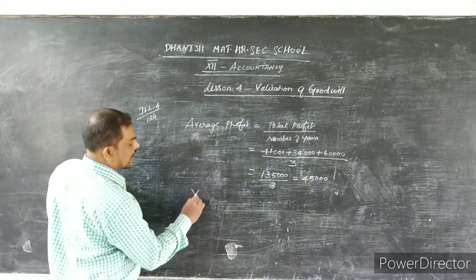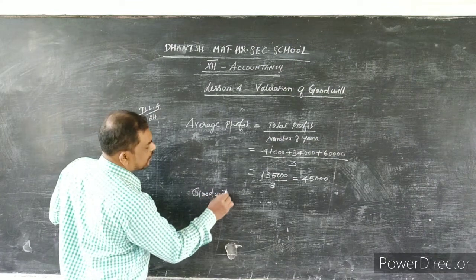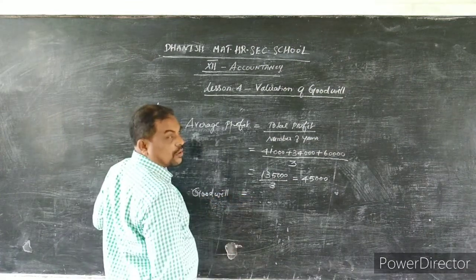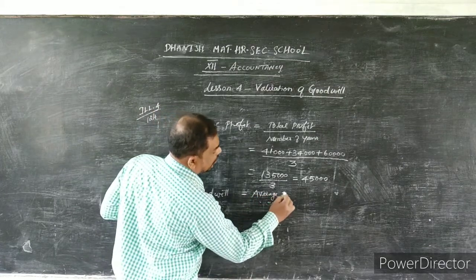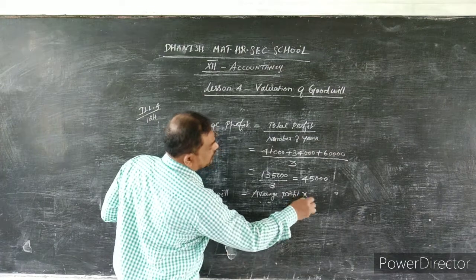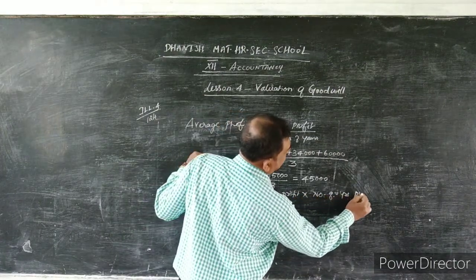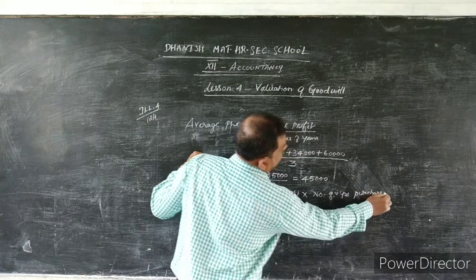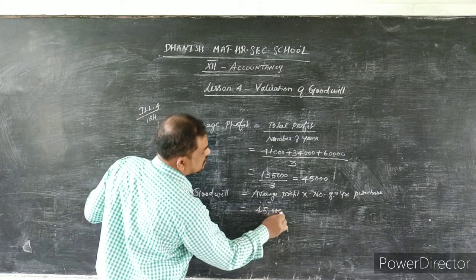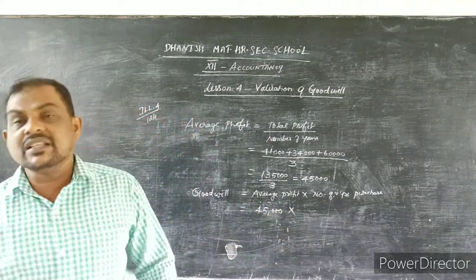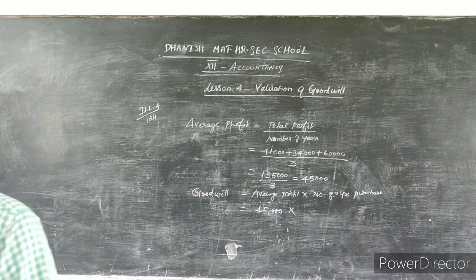Now we have to calculate the valuation of goodwill. What is the formula for goodwill? Average profit into number of years purchase. Here average profit is rupees 45,000. Number of years purchase given in the sum is 2 years.